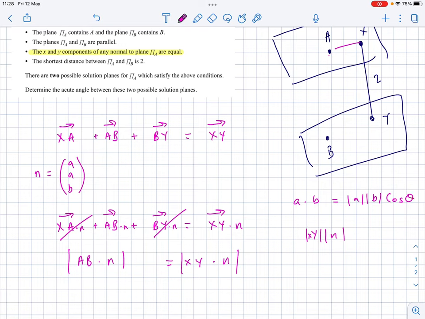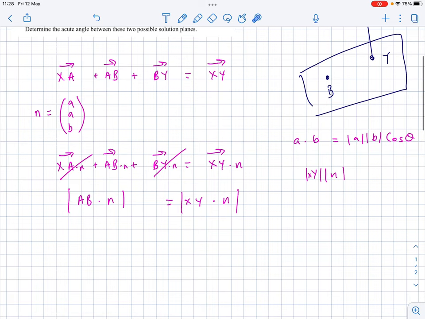Because the angle between XY and the normal is 0, because they're parallel, dotting these two things here is the same as just finding the magnitude of them separately, because this would be equal to 1. So what that enables us to do is write out a really useful equation. And we can start to do some calculation.